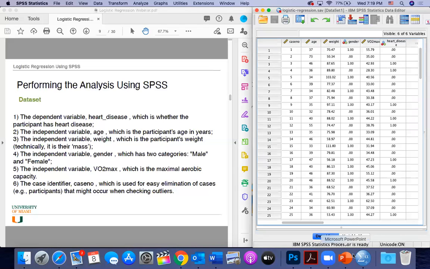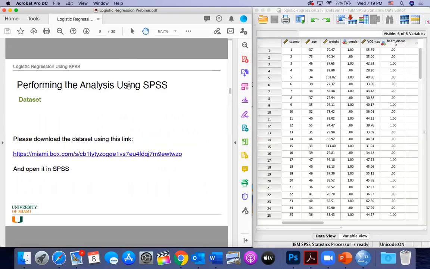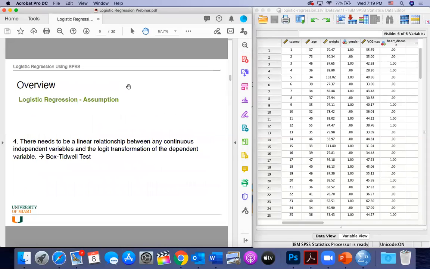Okay, so before doing any analysis, we want to make sure that the fourth assumption, the one about the linear relationship between any continuous independent variables and the logit transformation of the dependent variable, is met using the Box-Tidwell test.